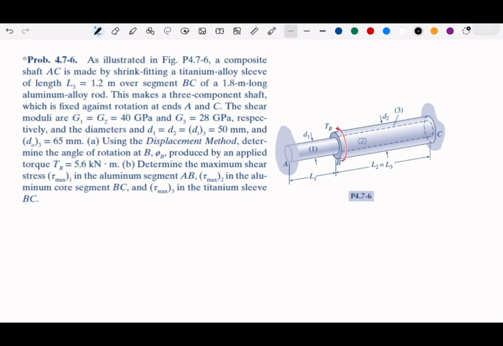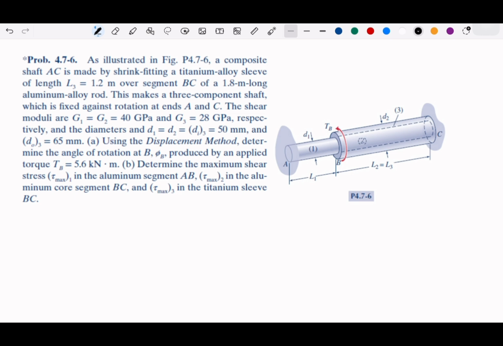They want to compute the rotation at B, where we also have the external torque, which is 5.6 kilonewton meter. And then the maximum shear, so basically the same questions all over again. Maximum shear for these three elements, tau max 1, tau max 2, tau max 3.